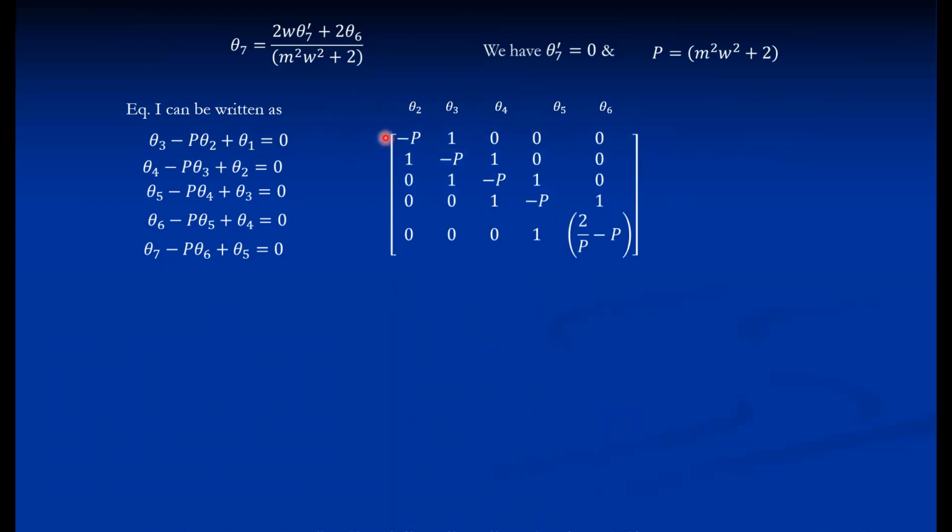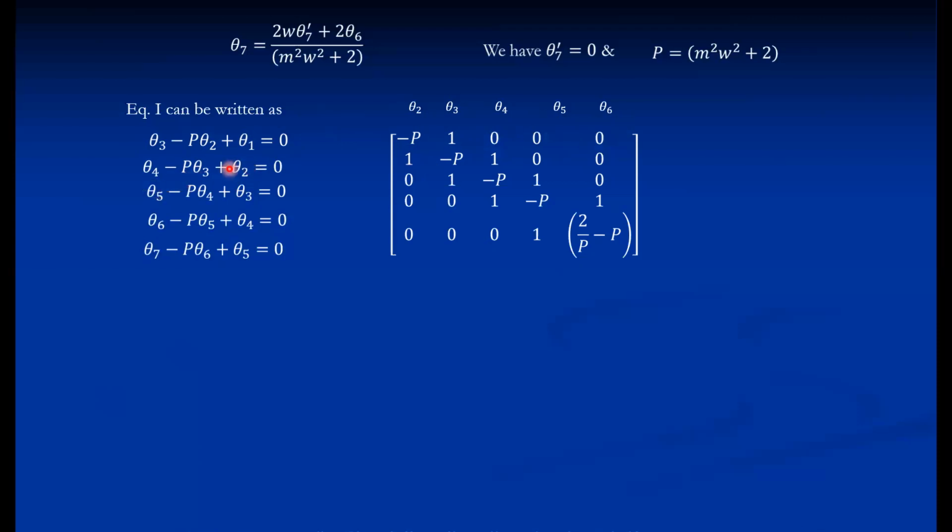In the first equation, the coefficient of θ2 is minus p, θ3 is 1, and the remaining θ4, θ5, θ6 are 0. So these are all the values.